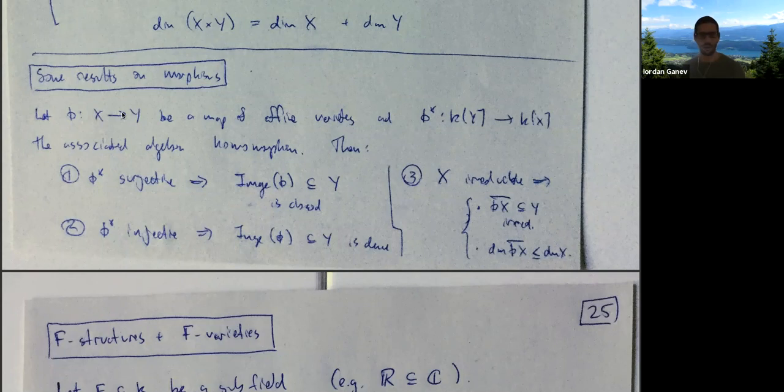Dense means its image intersects every open set. So its image is pretty much everything. There may be some things that are not in the image, but the closure of the image is everything.